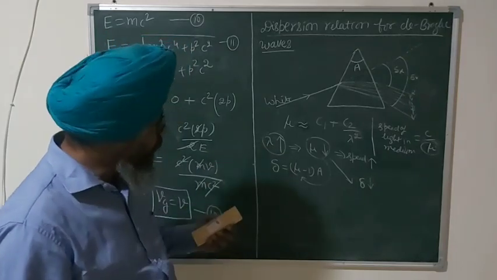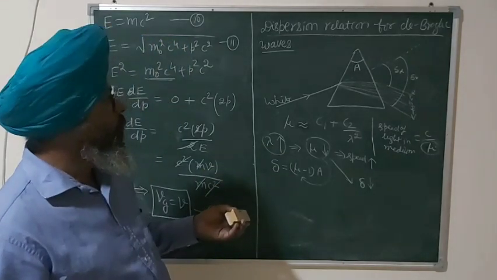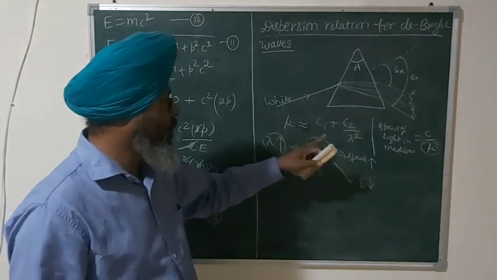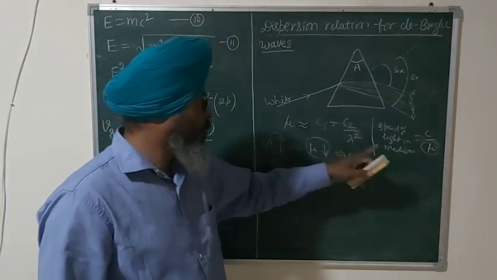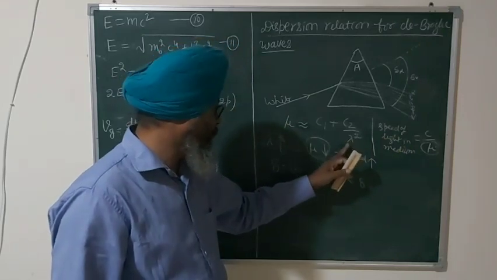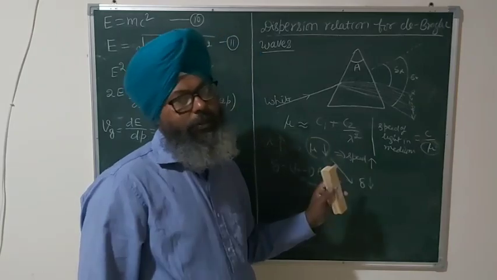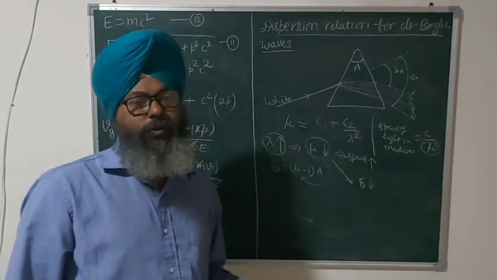So any relation which relates the refractive index with respect to wavelength, or speed with respect to wavelength, or angle of deviation with respect to wavelength is called a dispersion relation. Why?